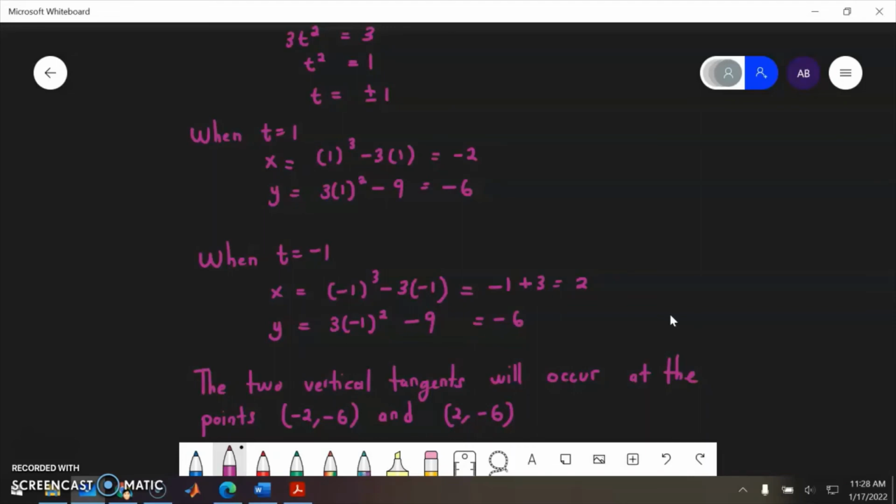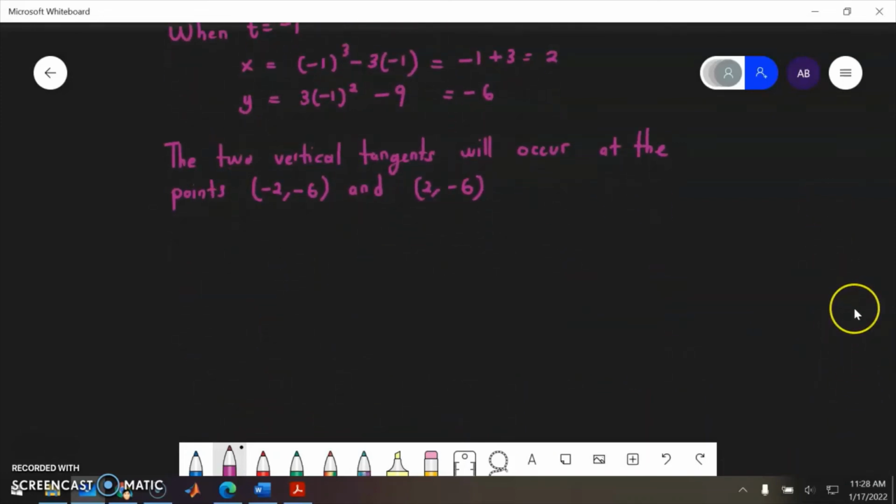Okay, so this is one simple example. Now you can actually sketch this graph. Let's try to sketch this given graph like how we have done in an earlier video. So all you have to do is, we have t and then x and y here.